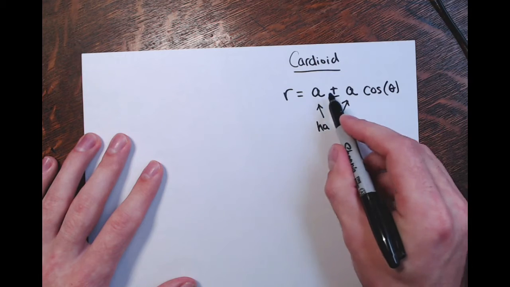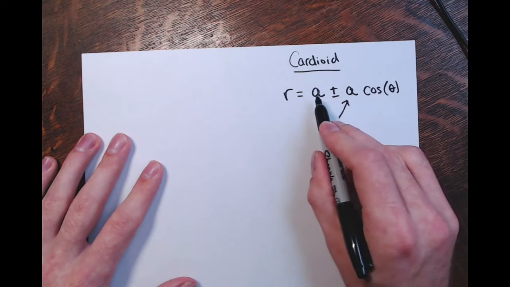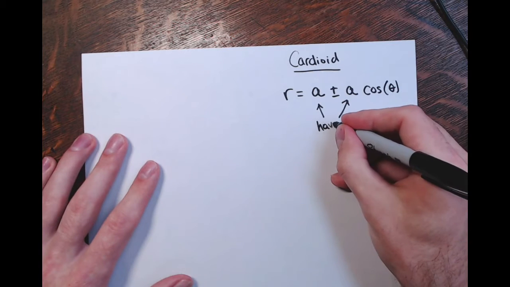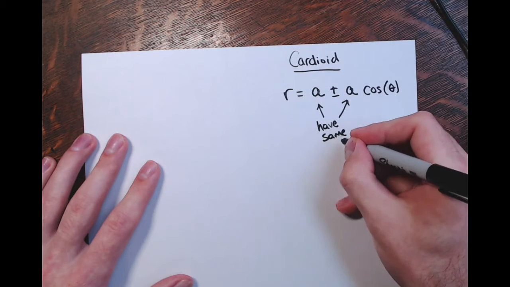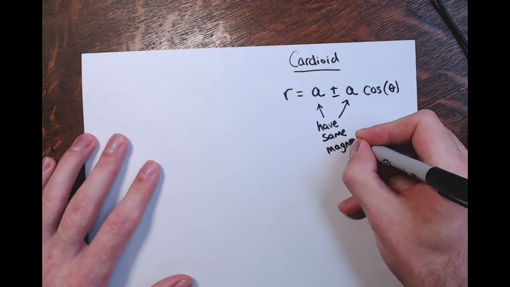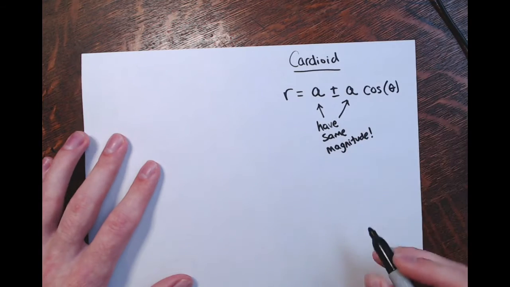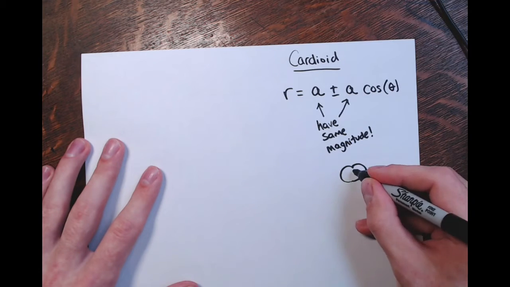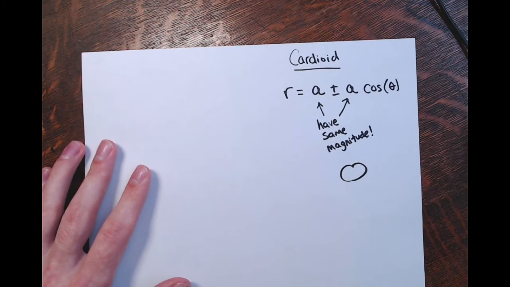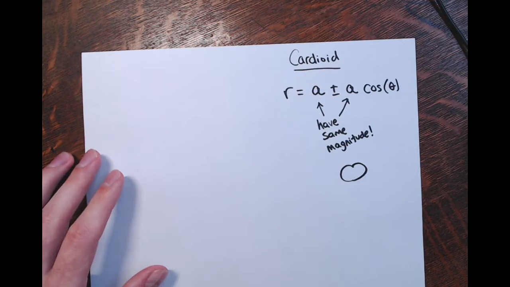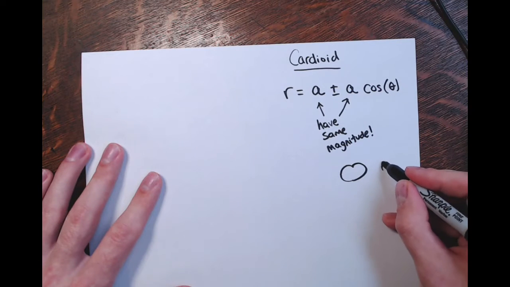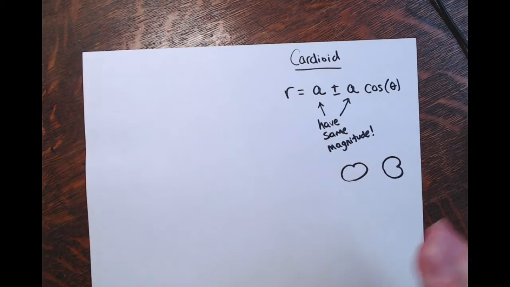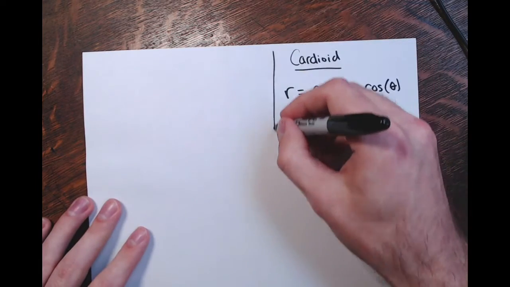So this could be negative 4, positive 4, or they could both be the same sign. Then you have this cardioid shape. It'll look like a heart shape, maybe opening up, or opening to the right like this. It looks like a wider heart shape, but that's what these look like.